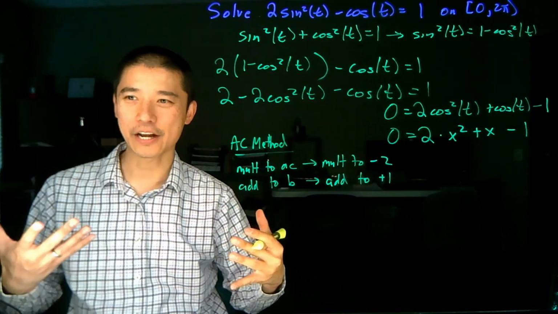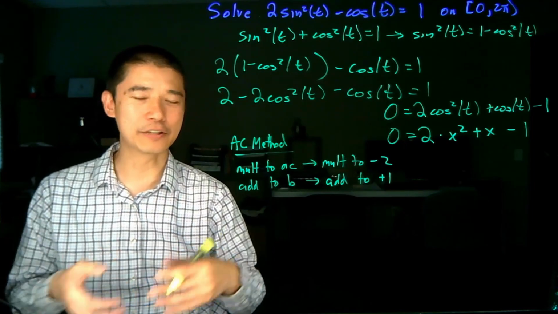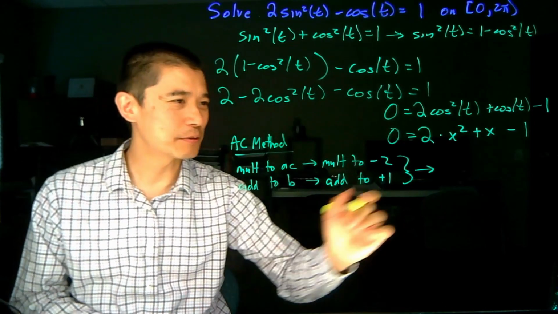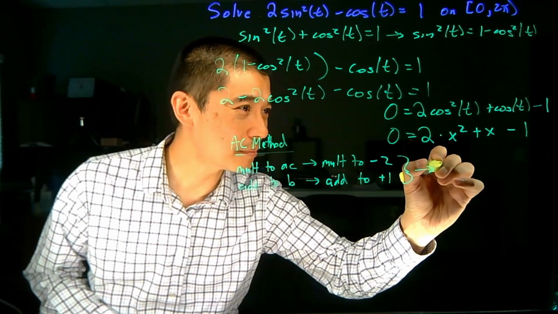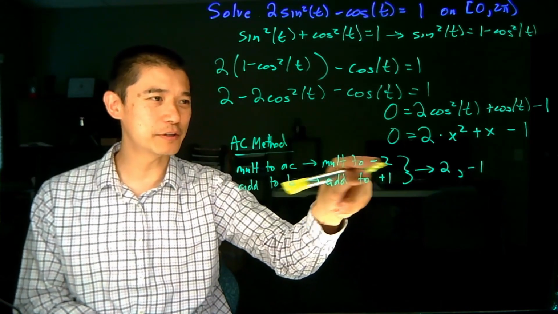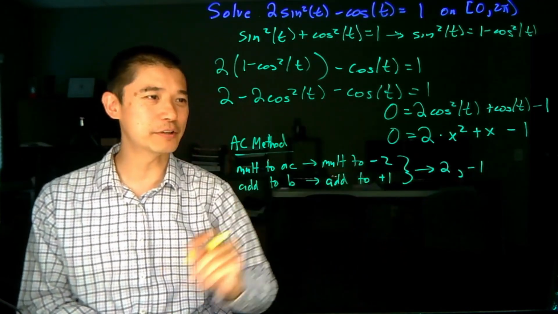Now we just have to check what numbers multiply to -2 and add to 1, if any. What pair of numbers works? We can see that +2 and -1 is such a combination. 2 times -1 is -2, and 2 plus -1 is +1.